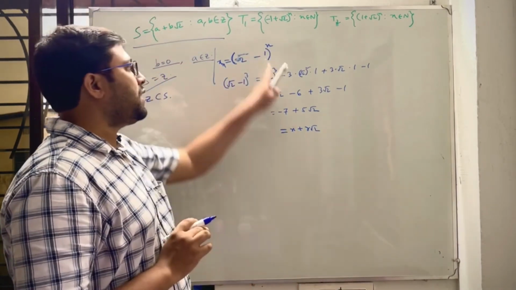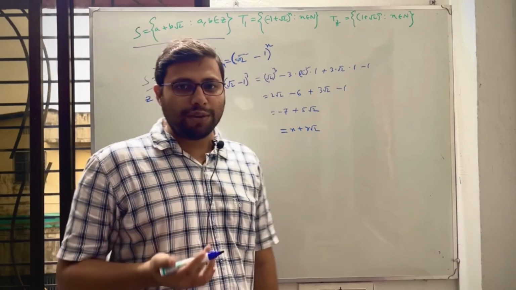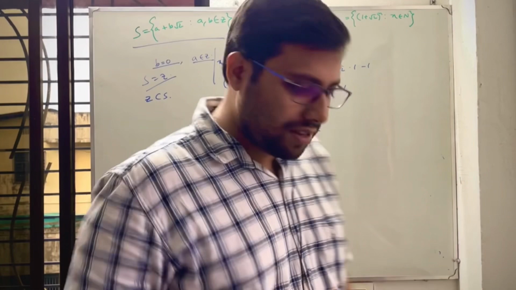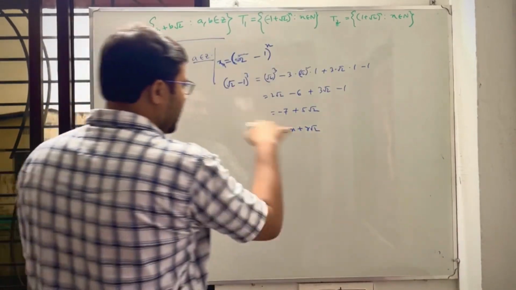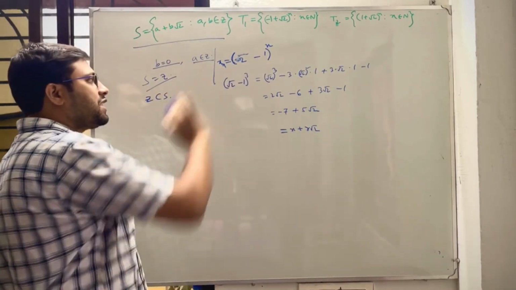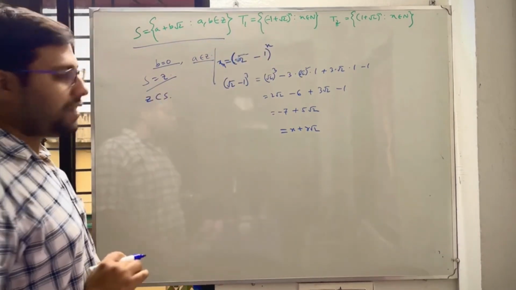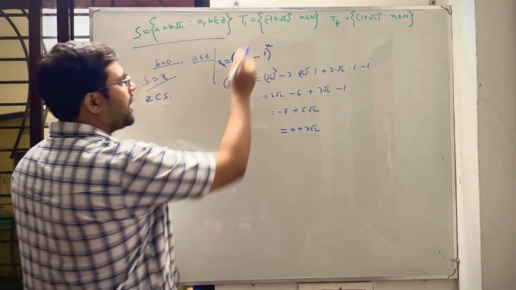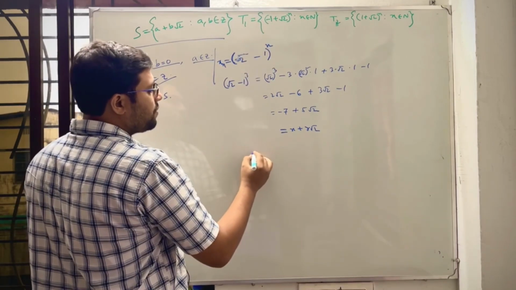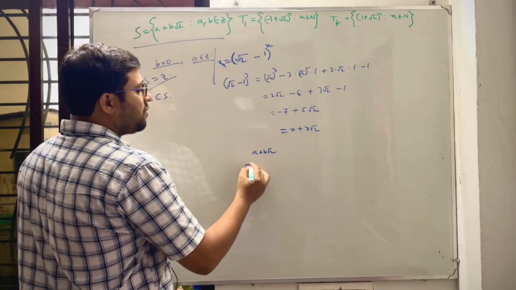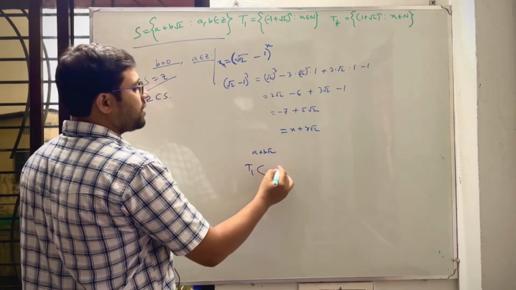And in case of minus 1, for different n we can have either plus 1 or minus 1. And after simplification like that, for any natural number, the elements of T1 will be of the form a plus b root 2. So genuinely, T1 is also a subset of S.